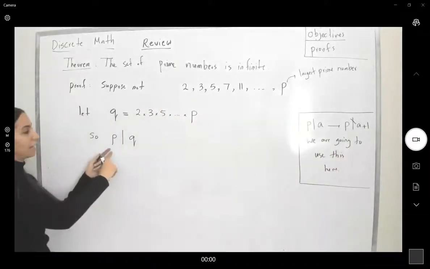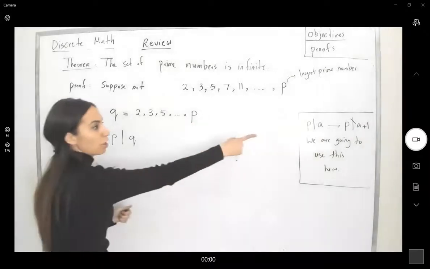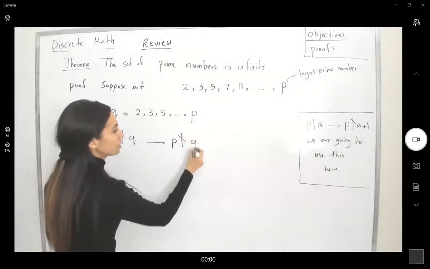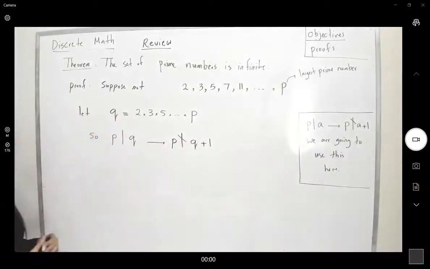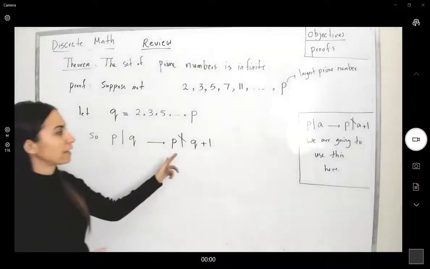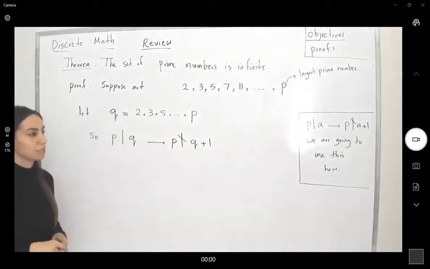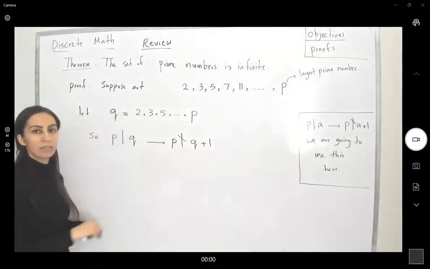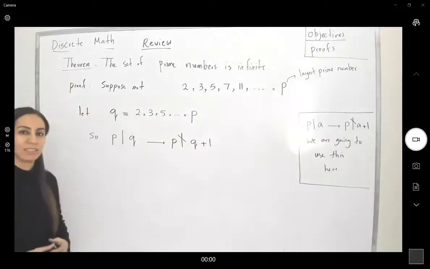So p as a prime number divides this multiplication. We already proved that p cannot divide q plus 1. p is not a factor of q plus 1. So what's the meaning of that? It means that if I add 1 to q, then p doesn't divide q plus 1.